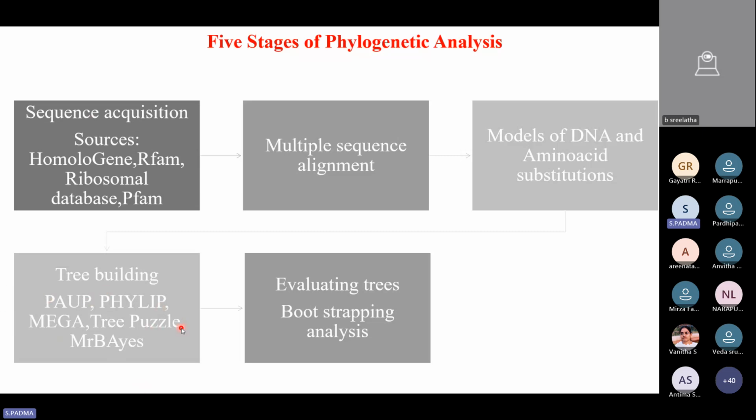All these are different software or tools which you can use for your tree construction. After the tree construction, and remember here, participants, I would like to tell you that for each of these tree building methods, PAUP, Phylip, MEGA, what will be the background which they are going to use?